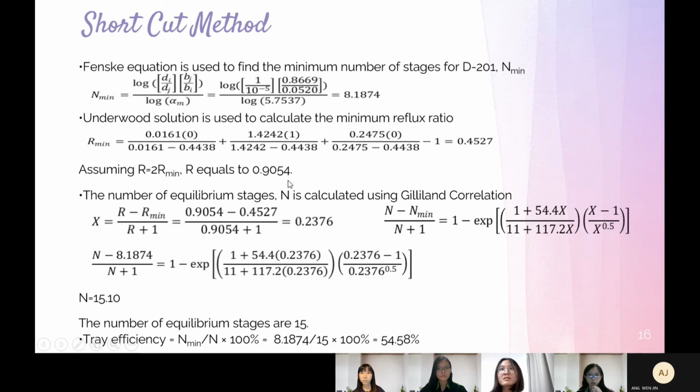By assuming that the actual reflux ratio is twice the minimum reflux ratio, we find that R equals 0.9054. And finally, we use the Gilliland correlation to look for the number of equilibrium stages, which is 15.1, or just 15 equilibrium stages. The tray efficiency is 54.58%.